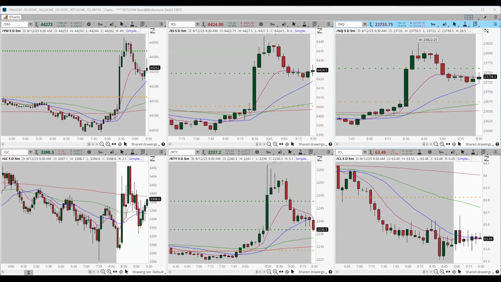Russell is pulling back a little bit more. We have about 40 seconds into the close of the first 2-minute candle.